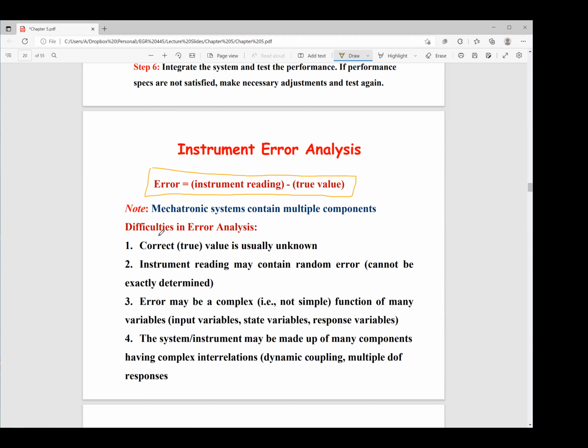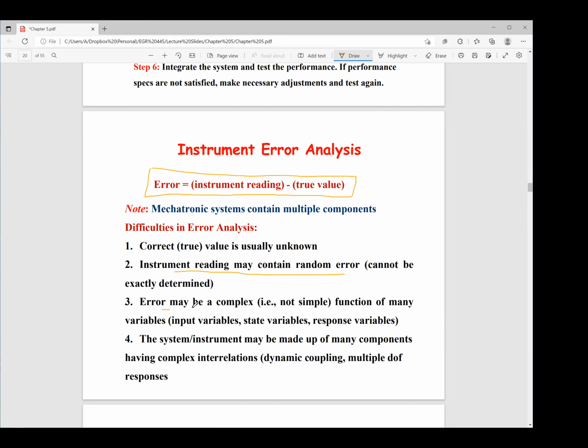Error analysis is tricky because many a times the true value is not known. We are sometimes using higher order instruments or higher quality instruments to estimate the true value, but this may or may not be known. Instruments may contain some random errors because of variation in some parameters or random fluctuation in the temperature.